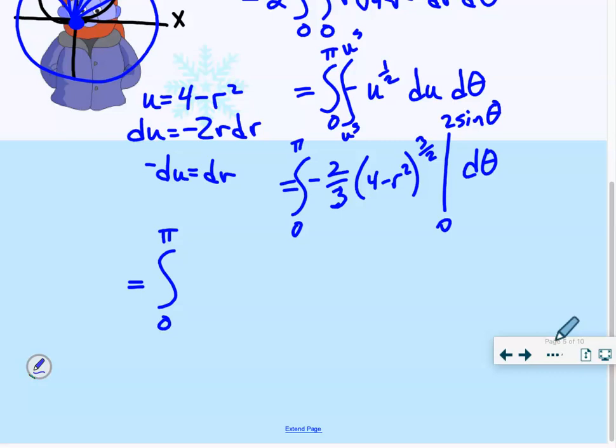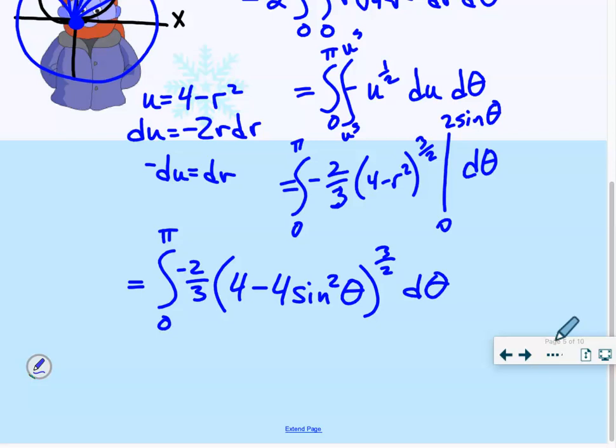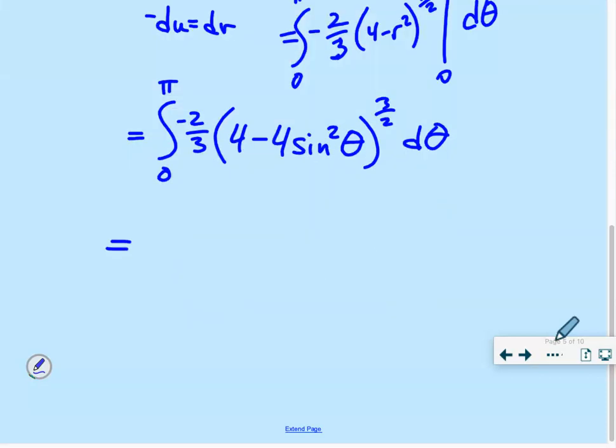Let's see. Negative 2/3 times 4 minus sine squared theta to the 3/2 d theta. All right, we had almost this exact same problem this morning, just opposite. So pull out a 4. Oh, thank you.